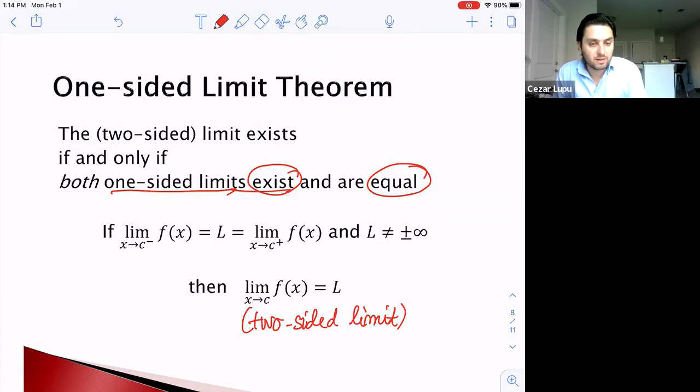Or both of them exist and they're not equal. So, in other words, the two-sided limit does not exist. Okay. So keep this in mind. This is a very important observation I want to point out. All right.